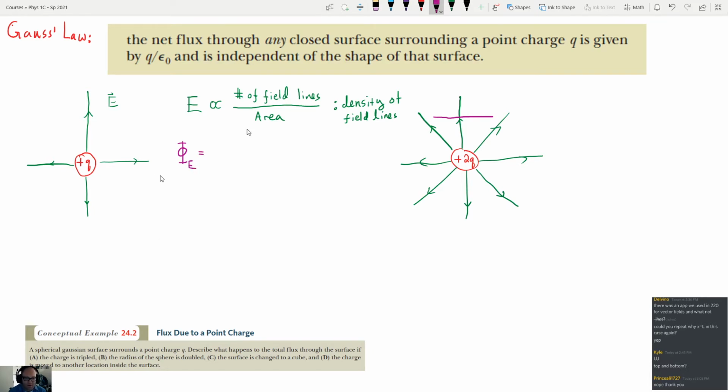Right, so electric flux, which we said was defined as electric field multiplied by area, must then be proportional to, well, the number of field lines per unit area is the electric field. If you multiply by area, like this is our area right here, then you just get the number of field lines.